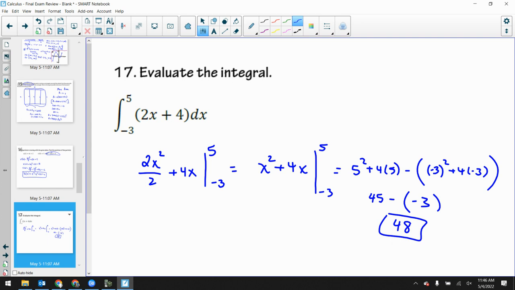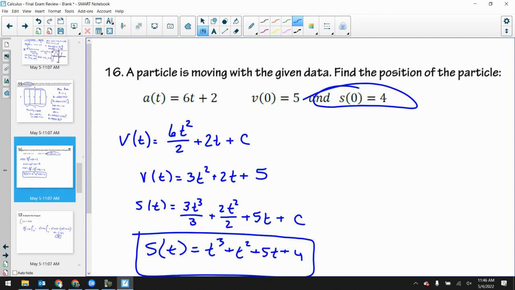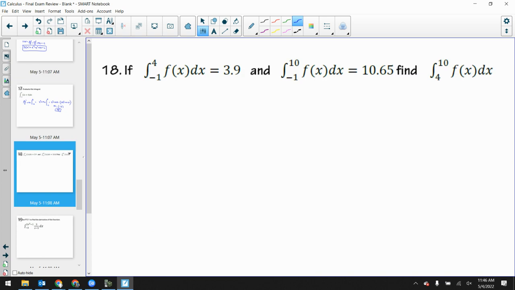Number 18 looks like a pretty simple one. Remember, for 18, I'm giving you 3 statements here, really 2 statements, and then I want you to find something else. I said if the integral from negative 1 to 4 of f(x) dx is 3.9, and negative 1 to 10 of f(x) dx is 10.65, then find 4 to 10.